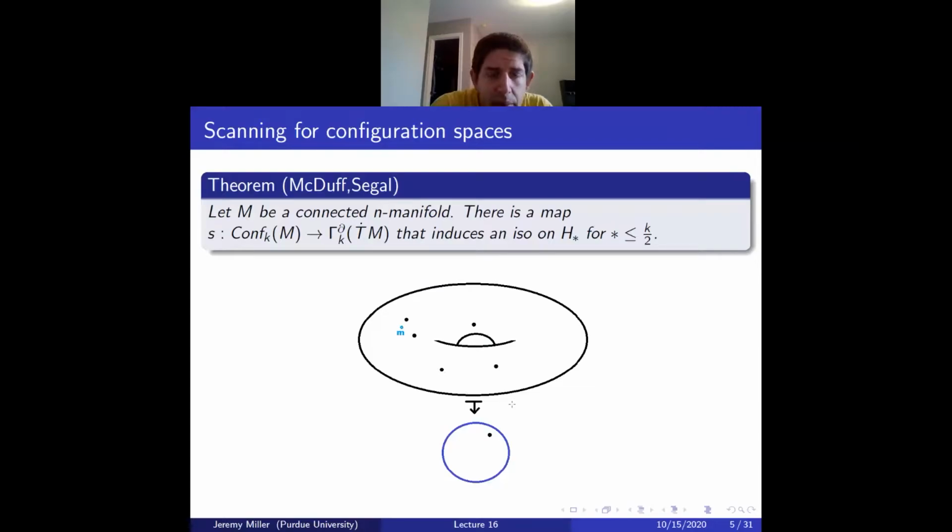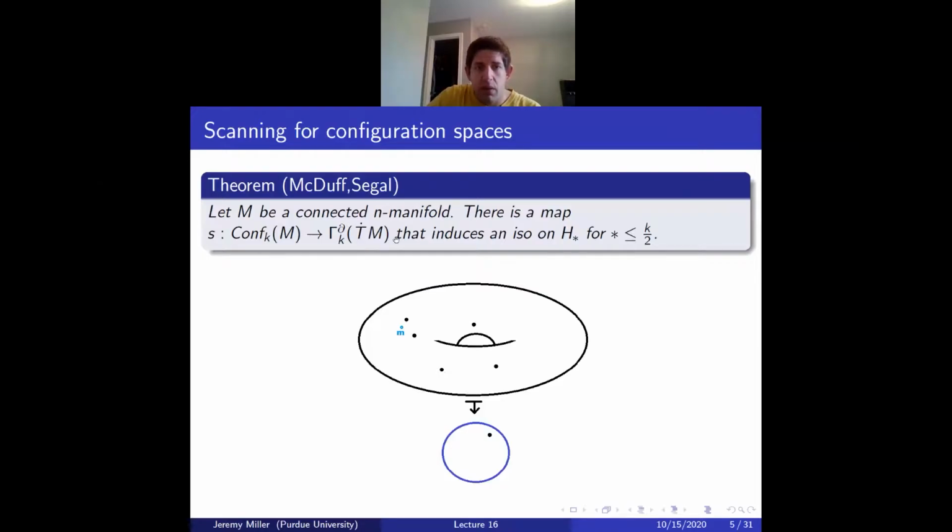Okay, and so there's the theorem due to Dusa McDuff and Graeme Segal that says if you have a connected manifold, then there's a scanning map that takes the configuration space of k points in M to the space of degree k sections with this boundary condition infinity. And this map is an isomorphism in homology in a range increasing with the number of points.